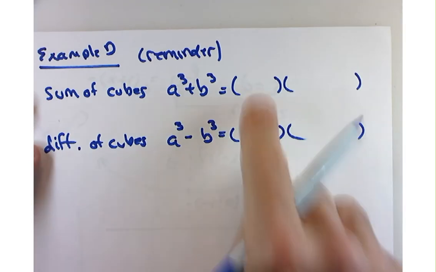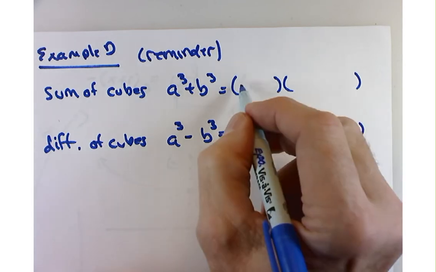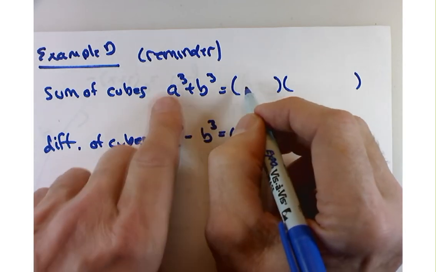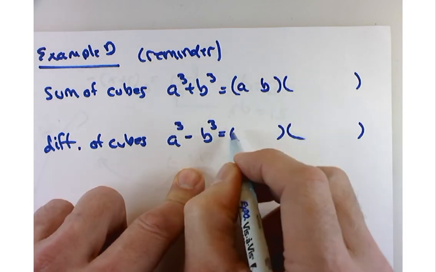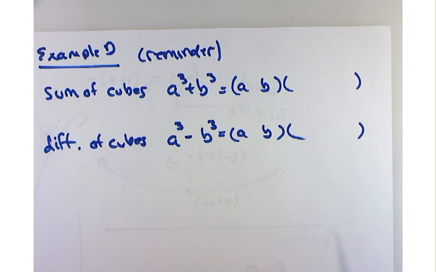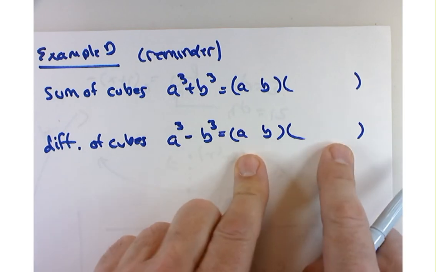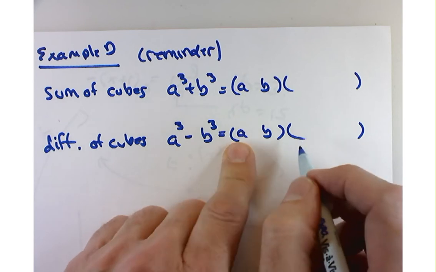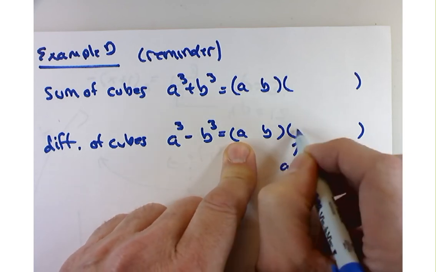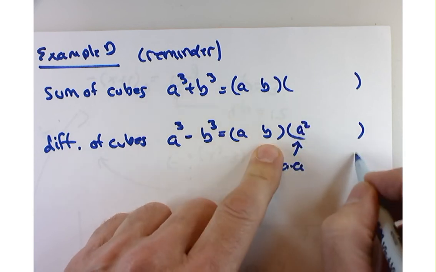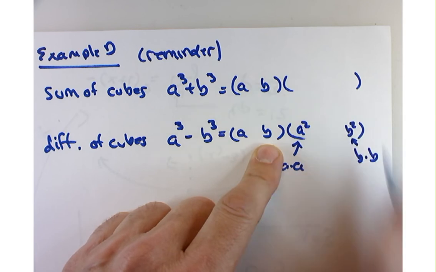So 2 terms times 3 terms. The 2 terms part is just going to be what you're cubing to get each of these. So it's going to be an a and a b for both of these. For the 3 term part, what I recommend is you take a times a and get an a squared, and then b times b and get a b squared.